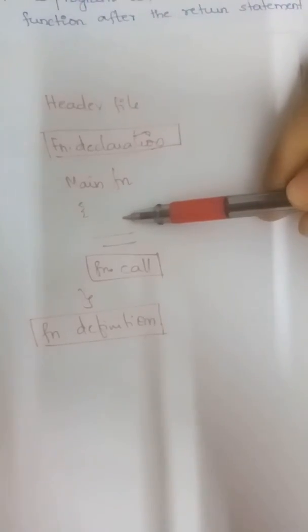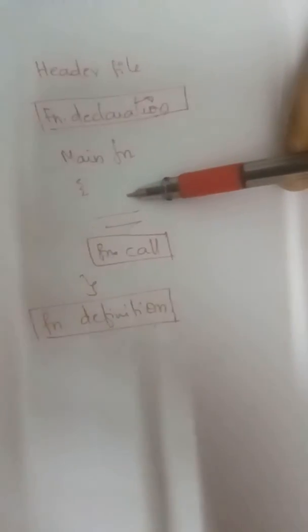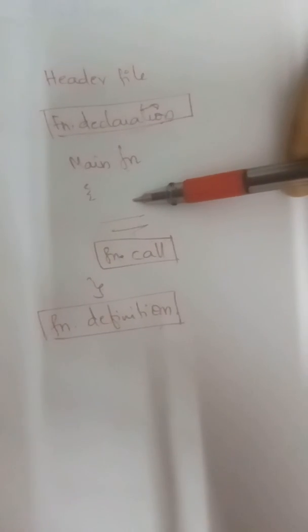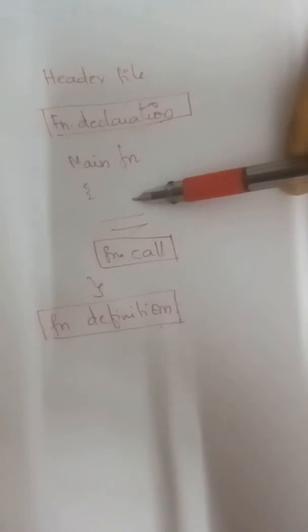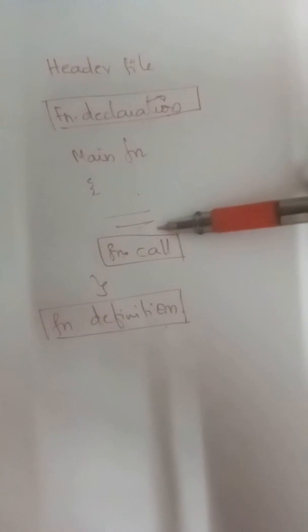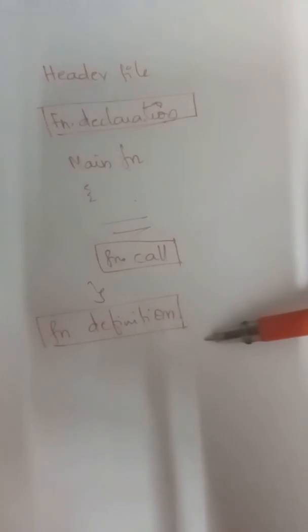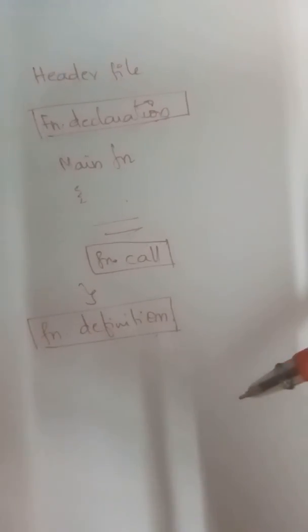Before calling the function, you should get the input of the program in the main function. After that you call the function, it will automatically go to the function definition, and inside the function definition you do the processing step.